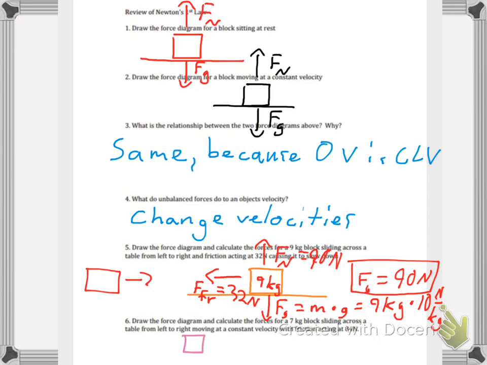Here we have force due to gravity. We're going down that way. We have a normal force. And now the block is going from left to right at a constant velocity, and friction is acting at 84 newtons.